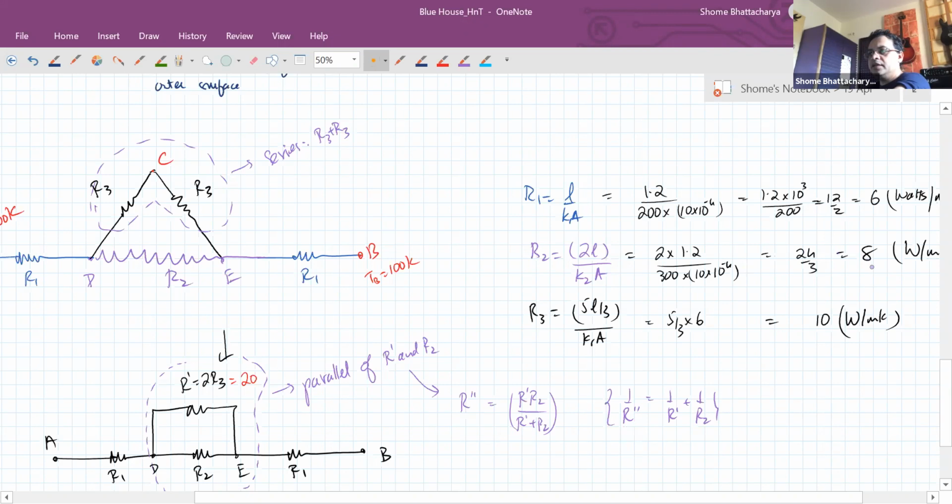So 20 and 8 in parallel now. So we will get this as 20 into 8 upon 20 plus 8. So 40 by 7. So this R double prime will come out to be 40 by 7, or approximately 5.7.